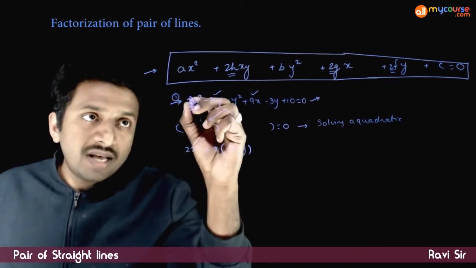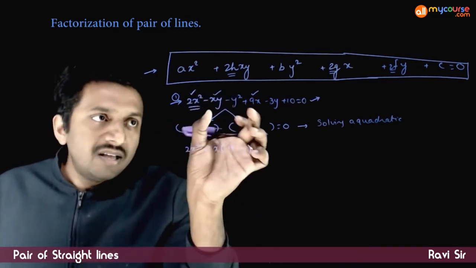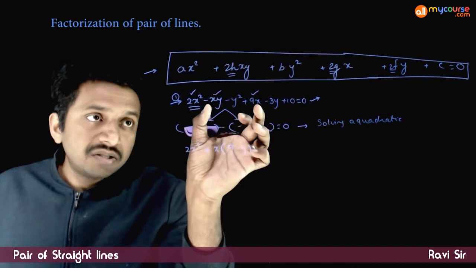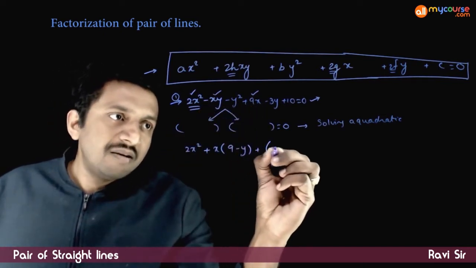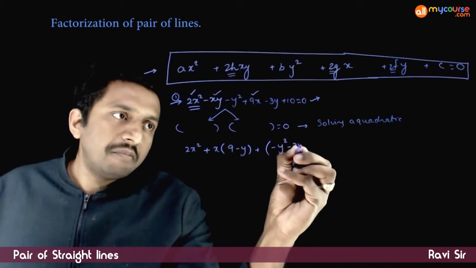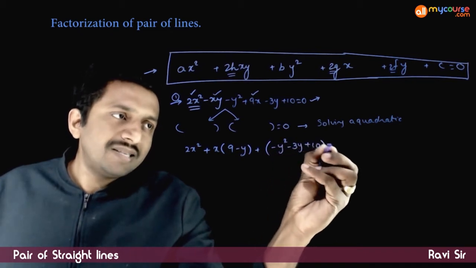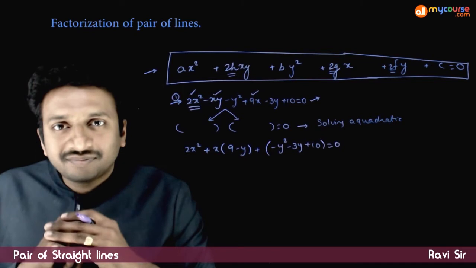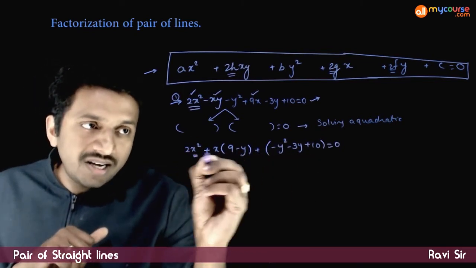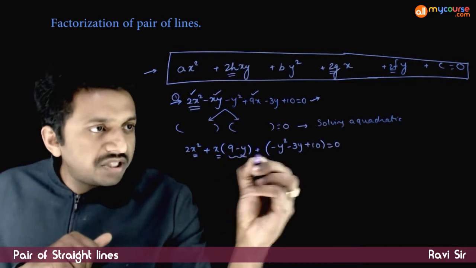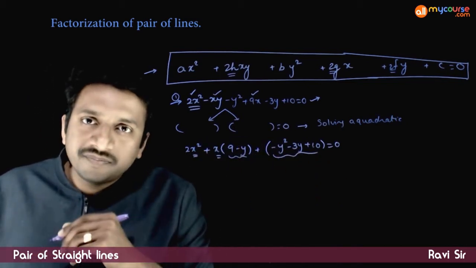So 2x squared, this term has been written. I'll combine these two terms. So x times (9 - y) plus (-y squared - 3y + 10) = 0.